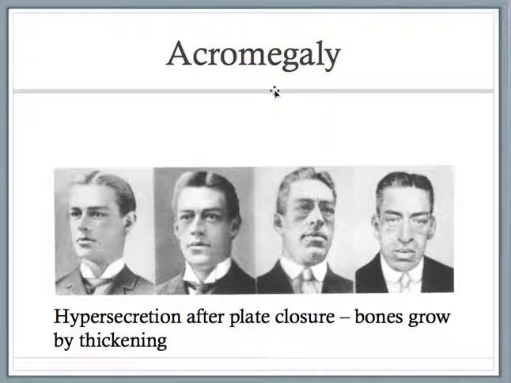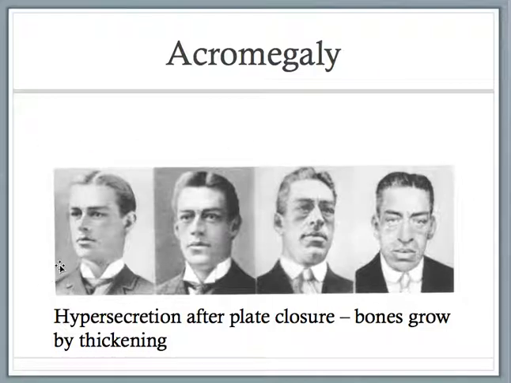In this case, you'll see that the fingers get very big, especially at the ends. They become almost flattened at the ends, called spoon-shaped fingers. The forehead becomes very prominent, and you'll also see that the forehead will continue to grow and the features of the face will become much thicker. And again, this is just because the physes are closed when growth hormone is hypersecreted.